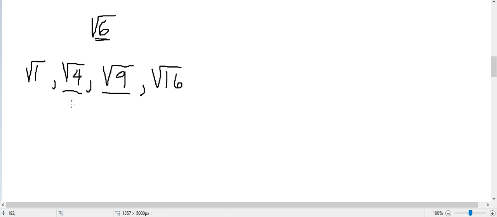So square root of 4 is equal to 2. That is a perfect square. And square root of 9 is 3. Now we are going to insert square root of 6 here.